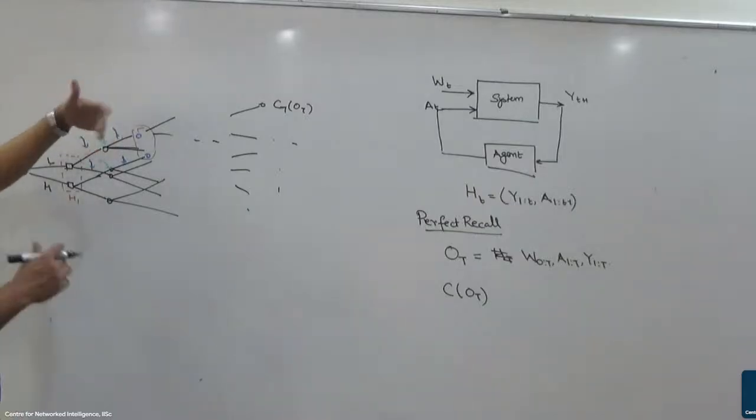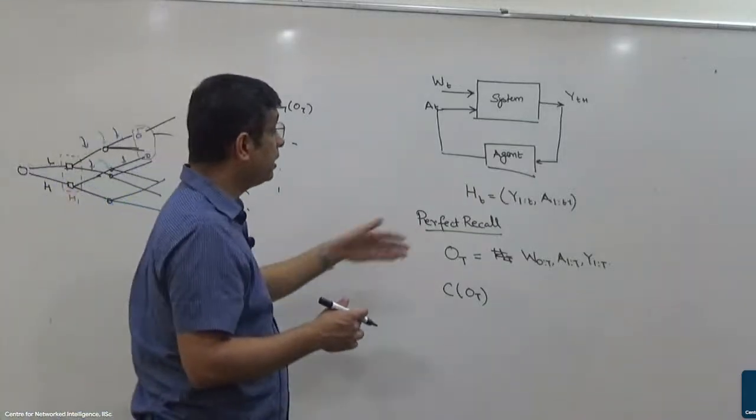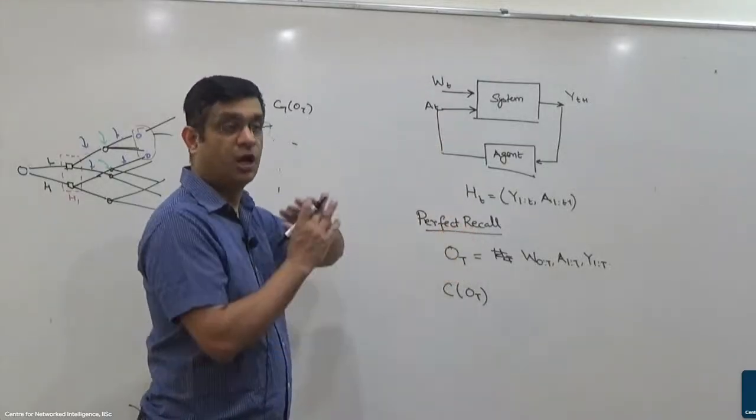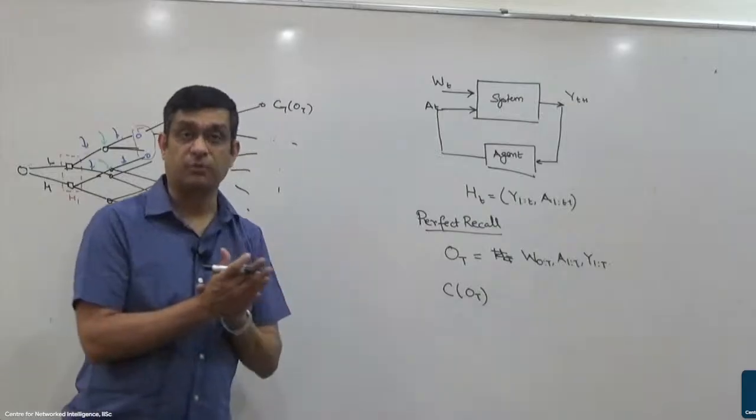In general, I can have a bit more elaborate thing. It becomes harder to draw trees explicitly for a general model like this, but you can visualize that that's my decision-making process.